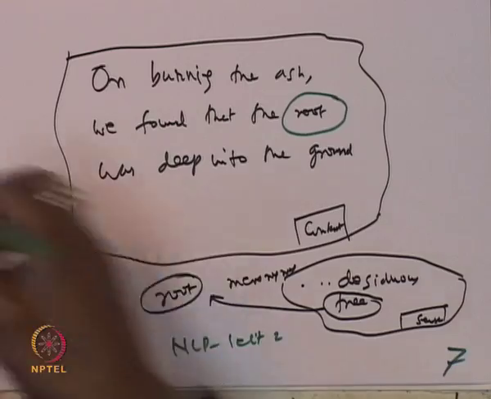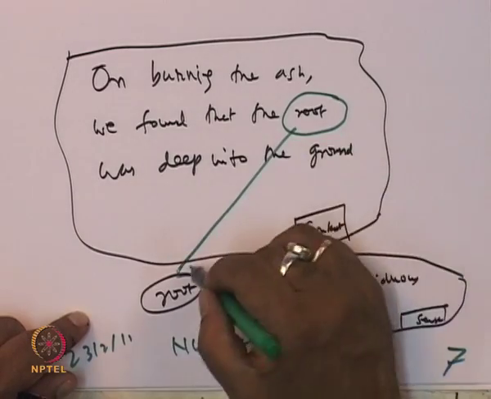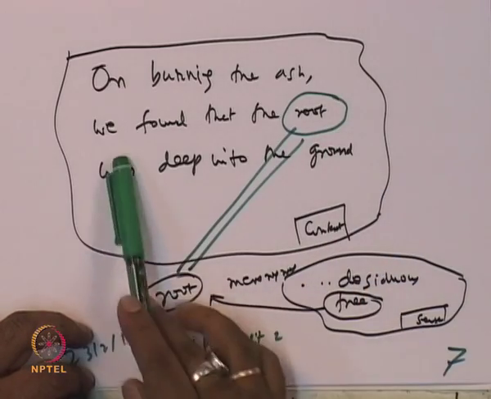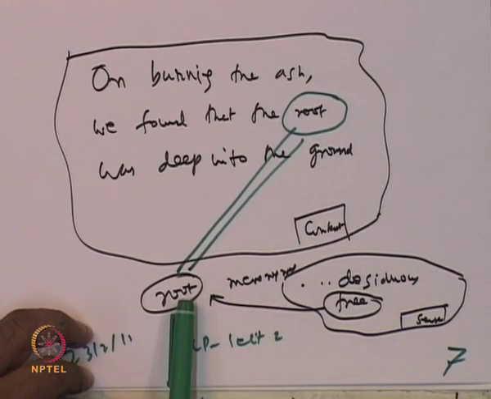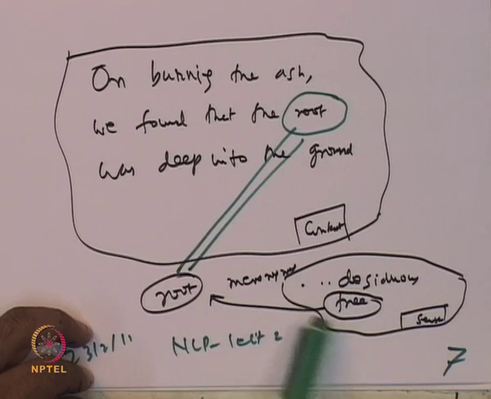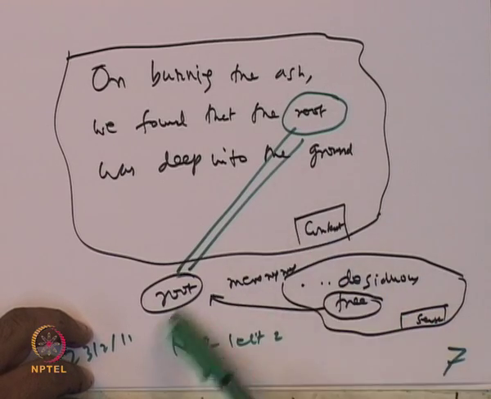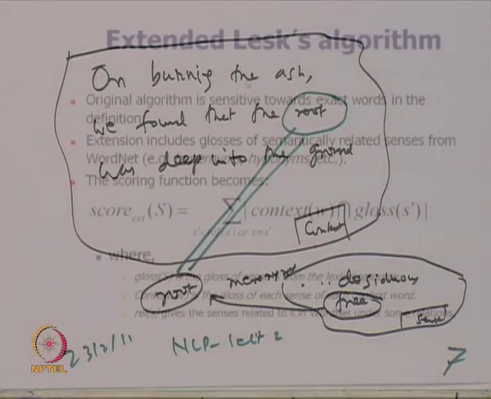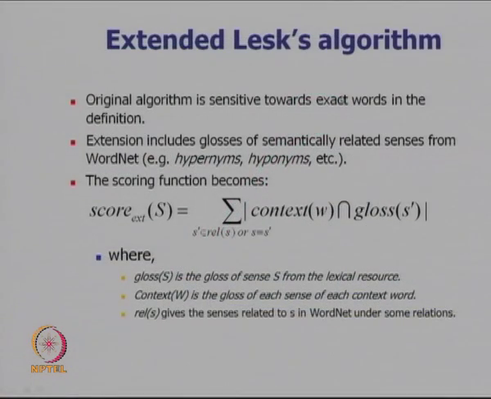And now, we can establish a matching between these two. Okay. So, this root from the context matches with root from the WordNet, the sense repository, and that will give rise to the disambiguated sense. So, that is the main idea of the extended Lesk algorithm.